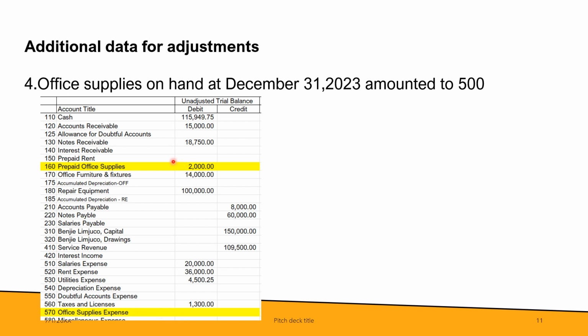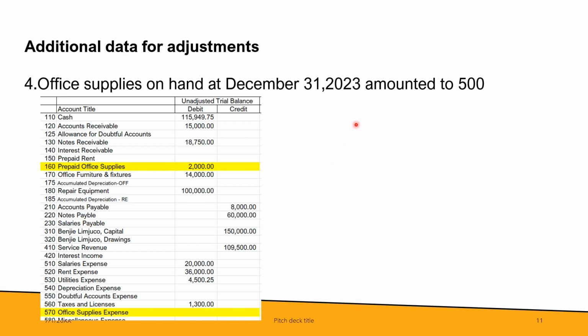Based on the unadjusted trial balance, the method used by the entity is asset method because prepaid office supplies has a balance of 2,000 and the office supplies expense has no balance. With that, we have to correct the amount of prepaid office supplies because at the end of the accounting period on December 31, 2023, it should only be 500 and not 2,000.